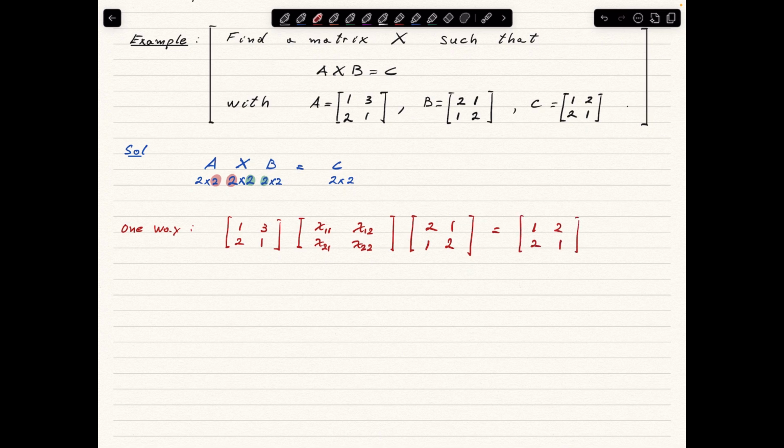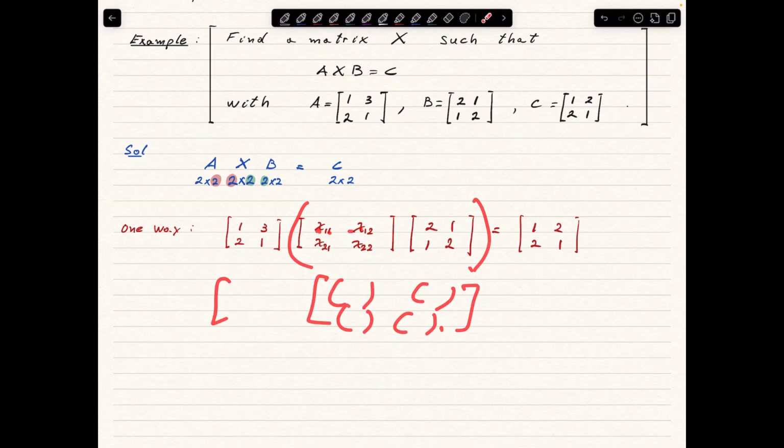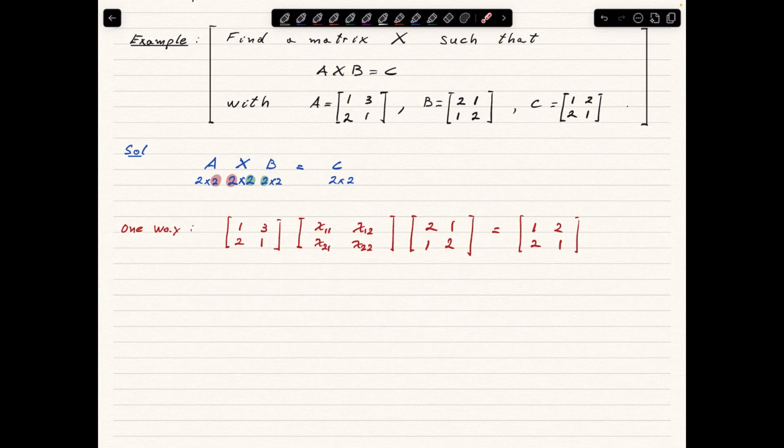One way to solve this problem is then do all these products. For example, let's do this product first. It's going to have a bunch of x1 and x2, so it's going to be a matrix 2 by 2. And then multiply that by [[1, 3], [2, 1]]. Do these two products, and you're going to end up with one matrix 2 by 2 that is going to have a big coefficient here, 1, 1.